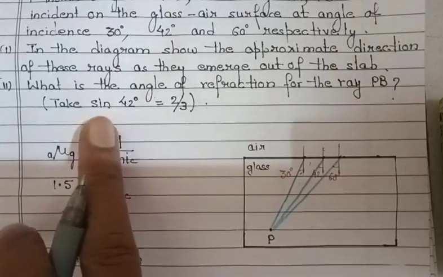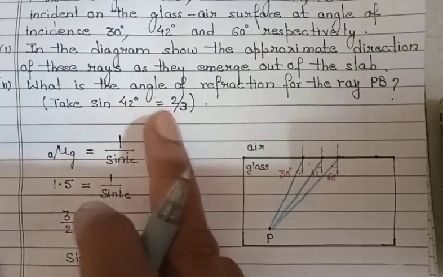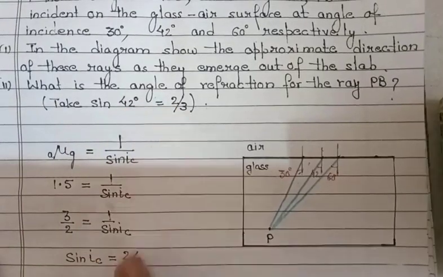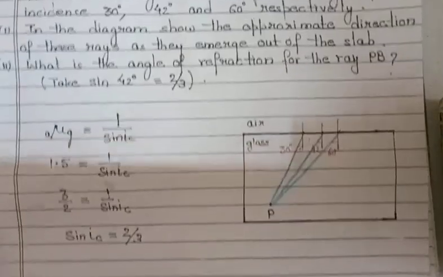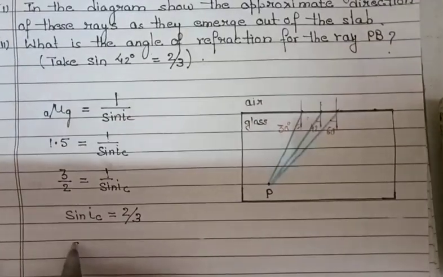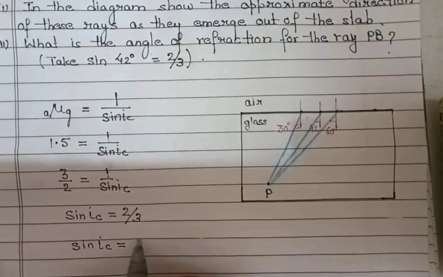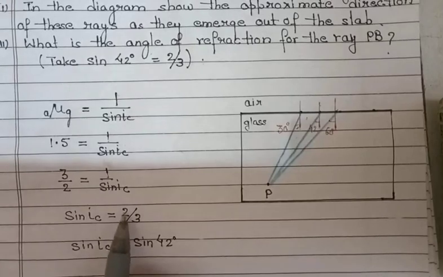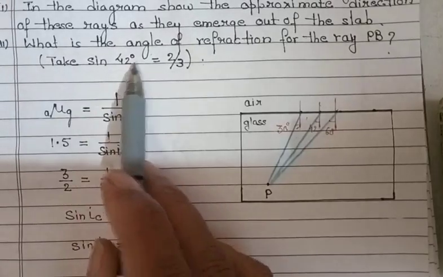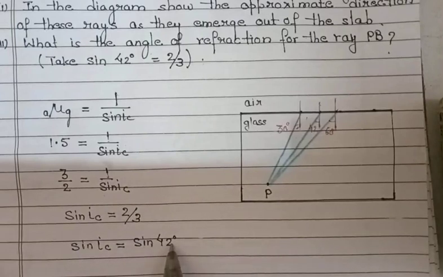Now you see in this given portion, sine 42 degree represents 2 by 3. So here we can replace 2 by 3 with sine 42. So in place of 2 by 3 I am writing sine of 42.